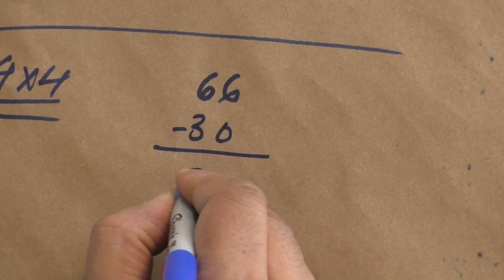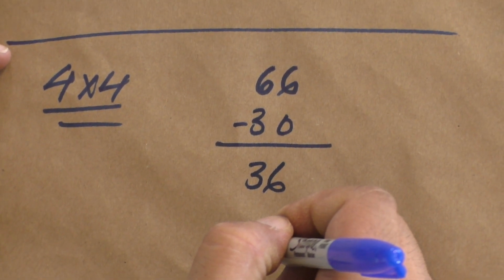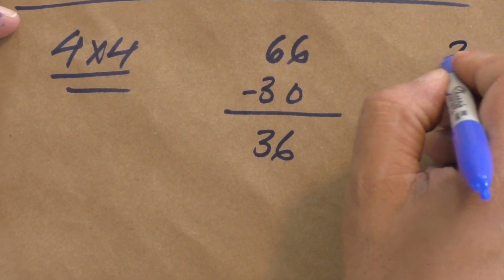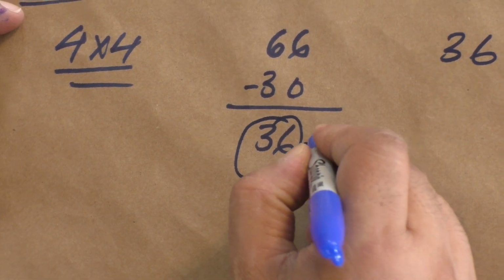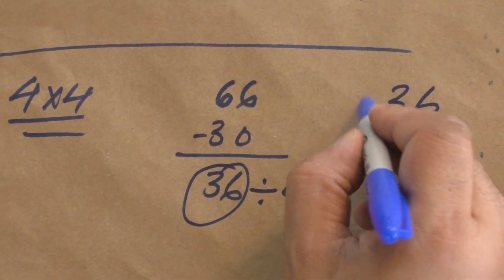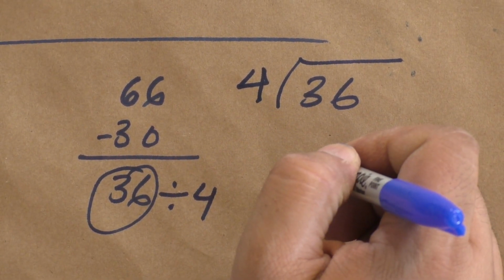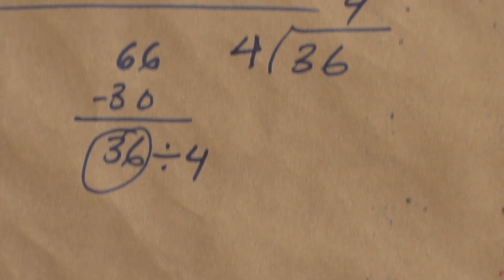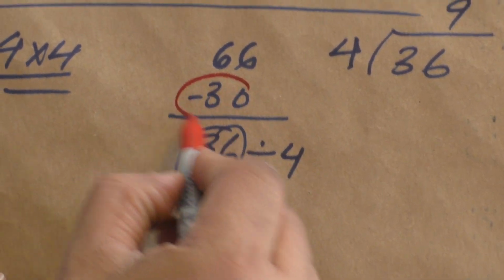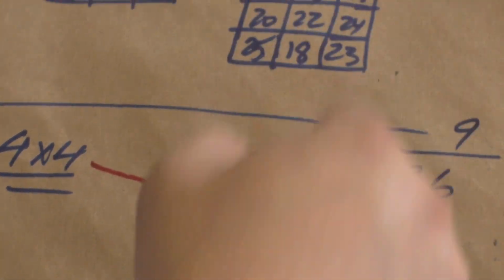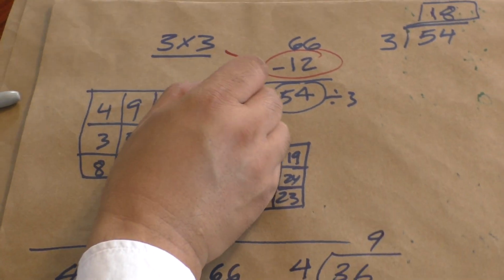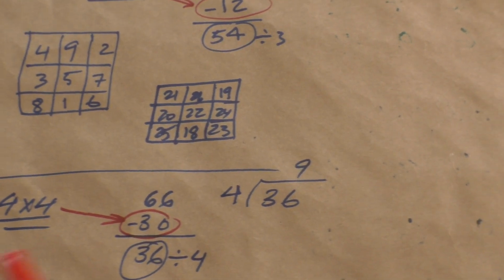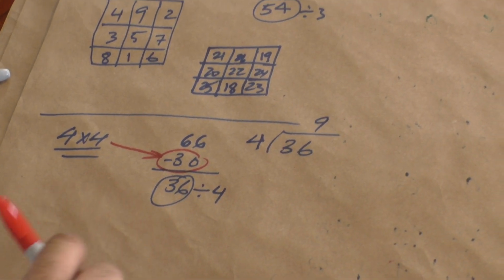If we do that, we get 36 as the answer. Then 36 has to be divided by 4, and if you divide by 4, you get 9. So the question the person asked was, how come with the 4x4 you subtract 30, and with the 3x3 you subtract 12? And they said, what is the logic involved here?